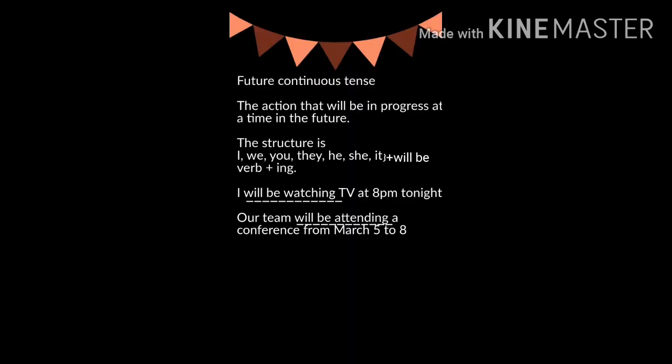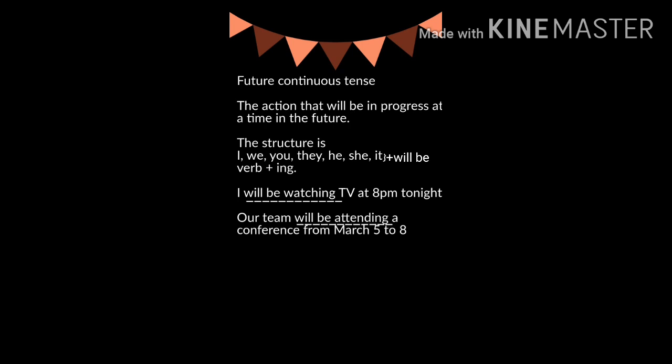Future continuous tense. The actions that will be in progress at a time in the future. The structure is I, we, you, they, he, she, it plus will be plus verb plus ing. Let's see some examples. I will be watching TV at 8 p.m. tonight.